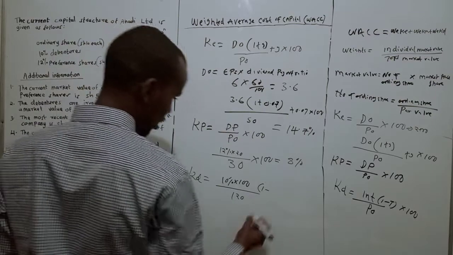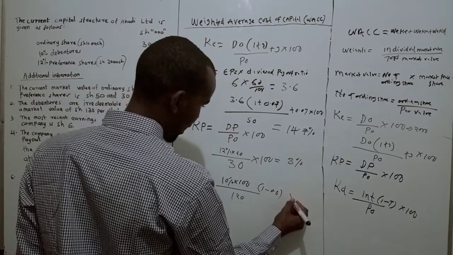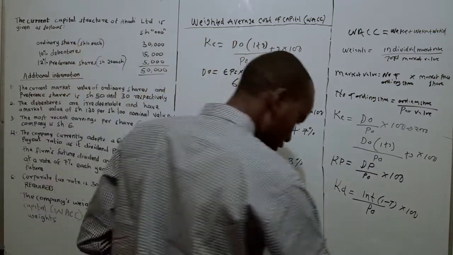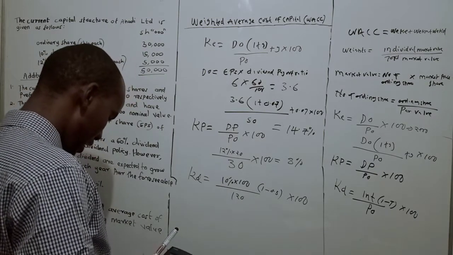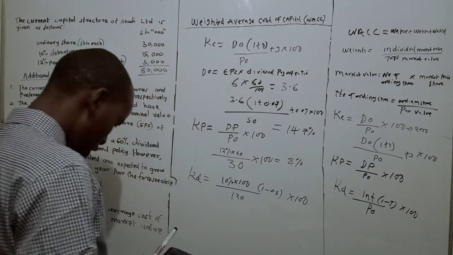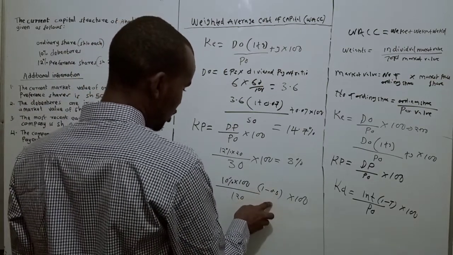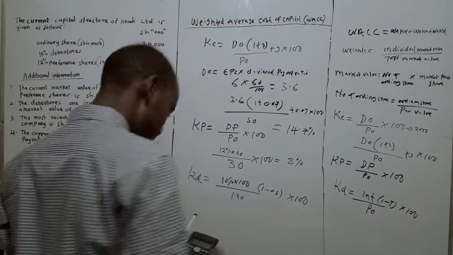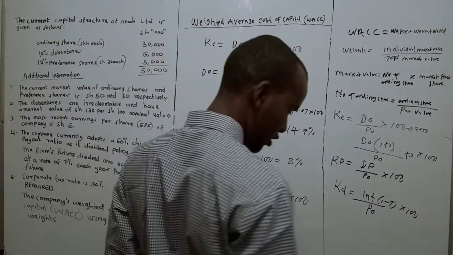Tax is 30%, which is 0.3, so 1 minus 0.3 is 0.7. Then multiply by 100. On my calculator, I take 10% of 100, divide by 120, multiply by 0.7, then times 100. I'm getting 5.83.